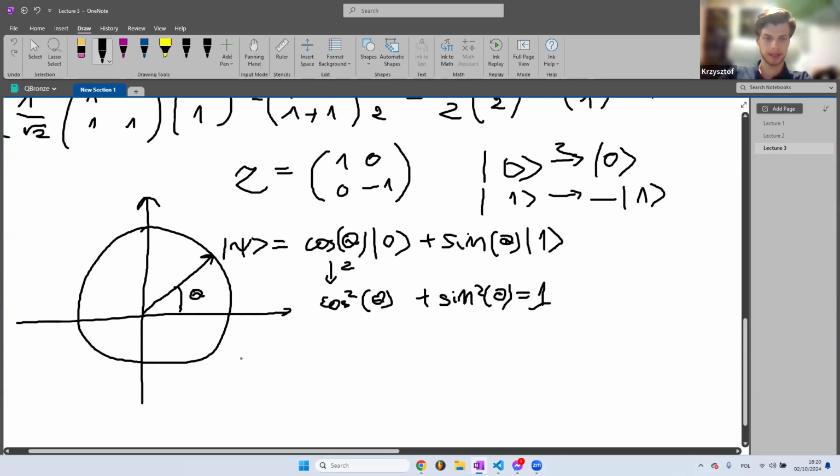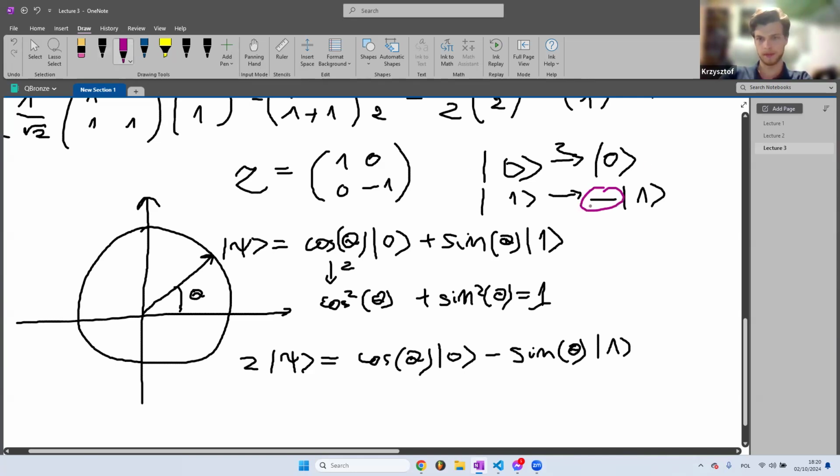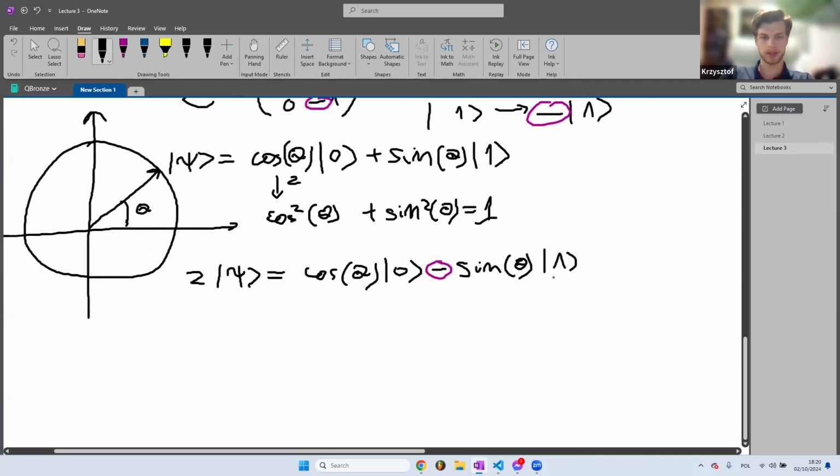So now applying the Z operator to our state psi, we will get cosine of theta times the 0 vector and minus sine of theta times the 1 vector. And this minus comes from the way the Z operator behaves.